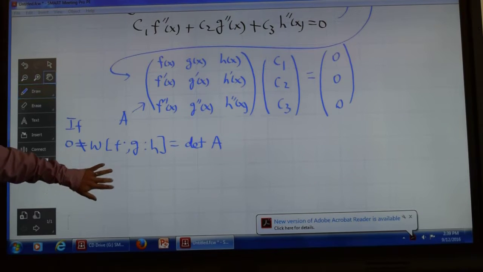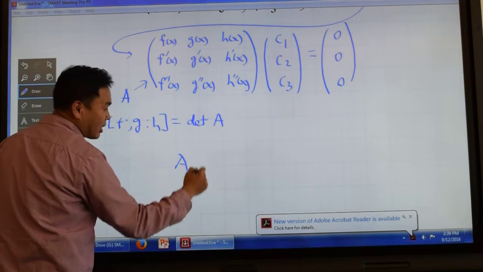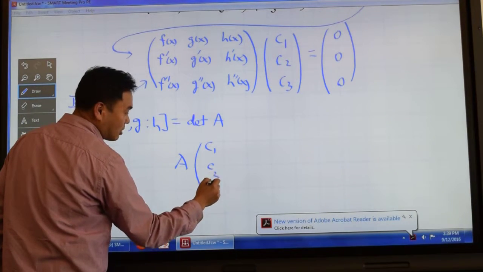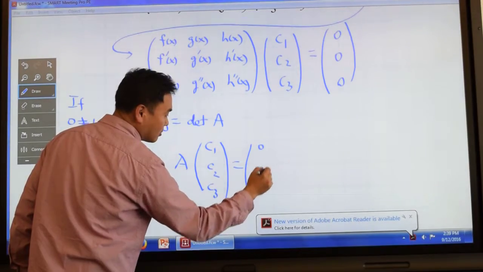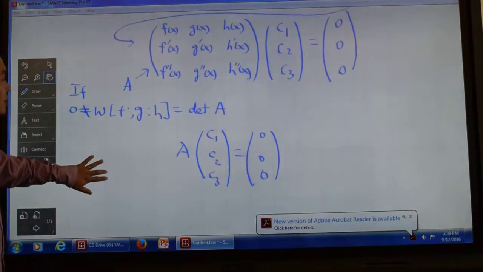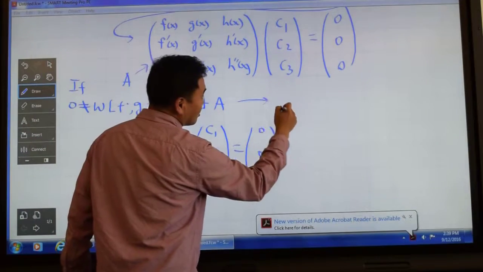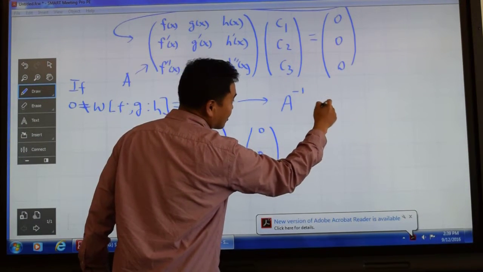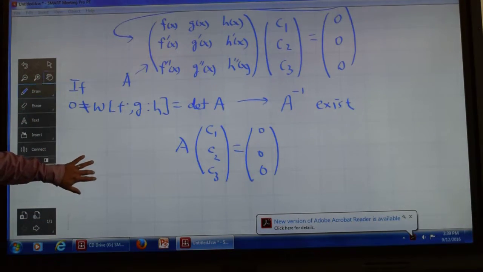So here's how the above looks. You can rewrite this as A times C1, C2, C3 equal to 0, 0, 0. And then, since the determinant is not equal to 0, the inverse does exist. And if it does exist, I can multiply by A inverse on both sides.